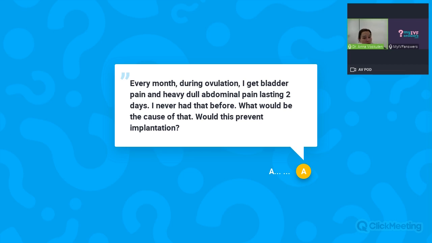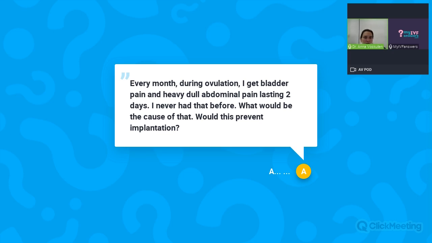I would do an ultrasound with your gynecologist to make sure that everything is correct, that there's no cyst or other thing that could be giving you this pain. And if everything is correct, the body changes a lot, and the anatomy changes also, so it can vary a little bit.